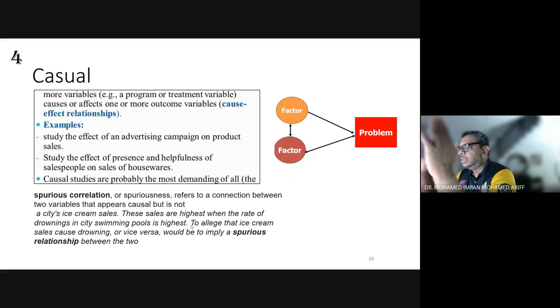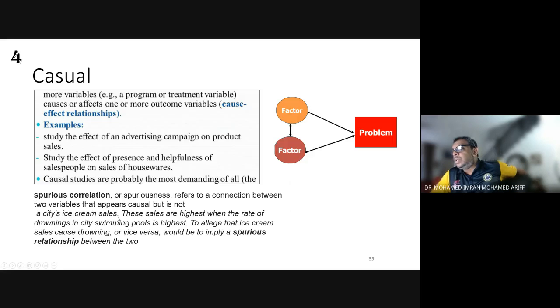Apa kaitan dia? Aiskrim naik, orang tenggelam. Apa kaitan dia? Okay, so bila diorang study, dia kata to allege that ice cream causes drowning. Mana boleh ice cream dengan drowning, apa kaitannya? Oh, mungkin akan ada spurious between dua, ada something wrong between both.